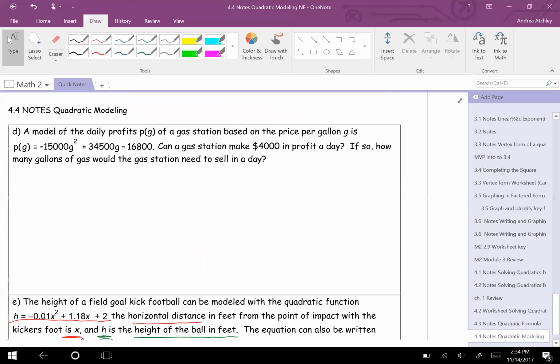Okay, the model of a daily profit, P of G, of a gas station based on their price per gallon G, is P of G equals negative 15,000 G squared plus 34,500 G minus 16,800. Can a gas station make $4,000 in profit a day? If so, how many gallons of gas would the gas station need to sell a day?